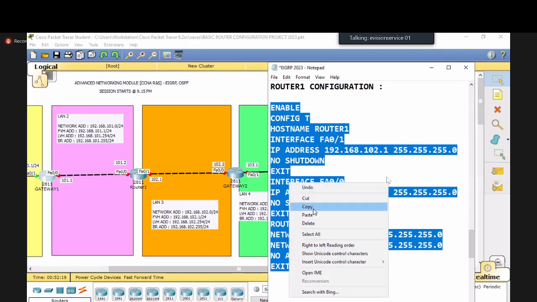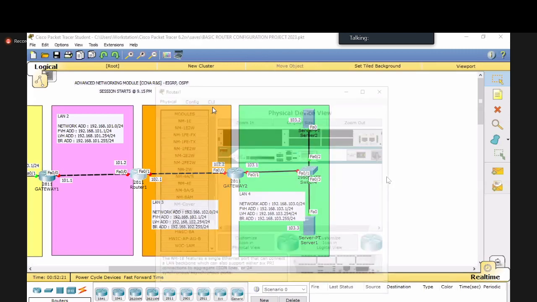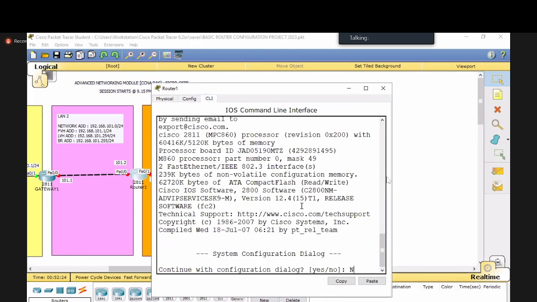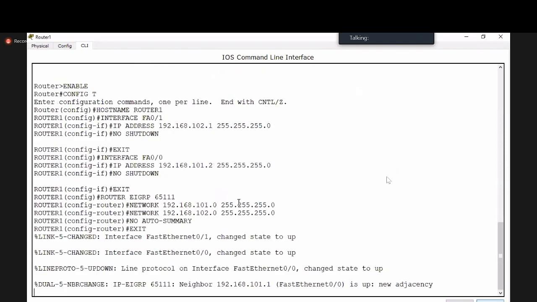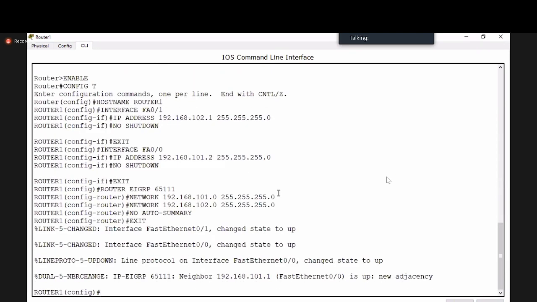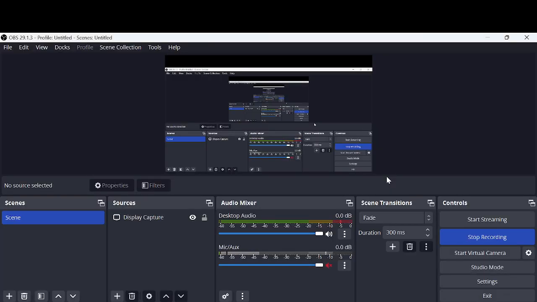Simply copy and paste it. Take the screenshot. Taken.